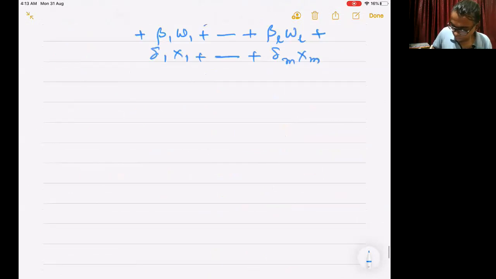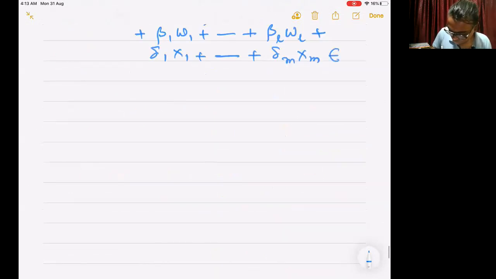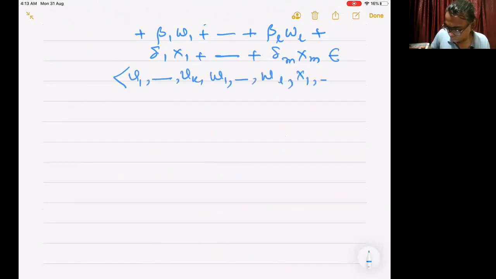So therefore, this obviously belongs to the span of V1 to Vk, W1 to WL, x1 to xm. So the fact that it's a generating set is proven.